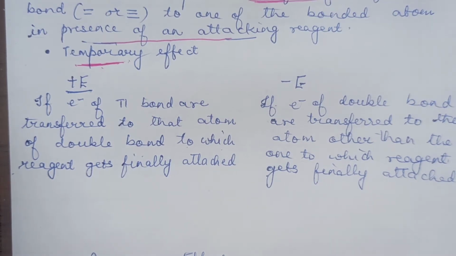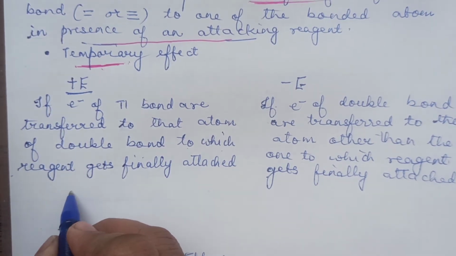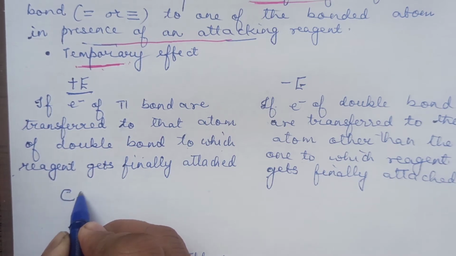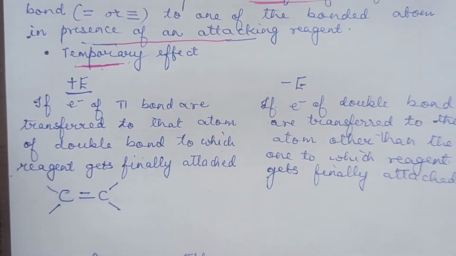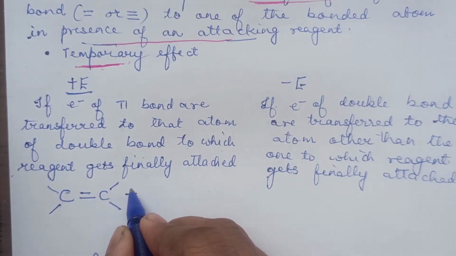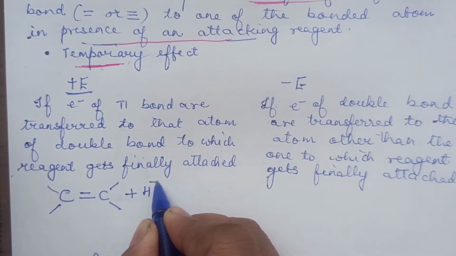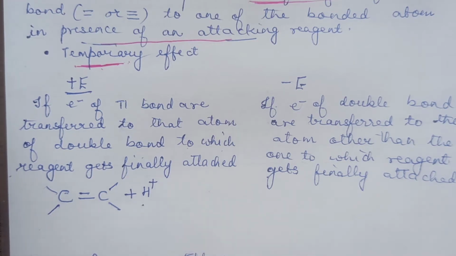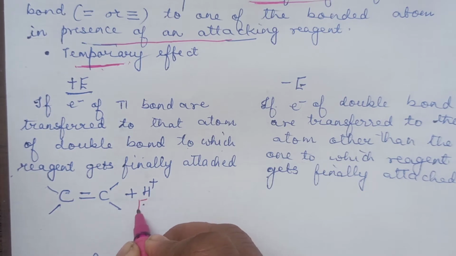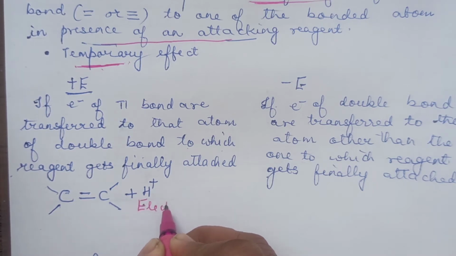We'll take an example for better understanding. Suppose you consider an alkene. There is a double bond between two carbon atoms. And the reaction is in the presence of H+, that is acid medium. So H+ is positively charged. Positively charged means it is electron loving. So we can say an electrophile will start this reaction.